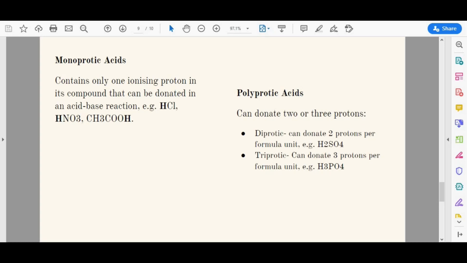Other examples include HNO3 or acetic acid, CH3COOH, and I've made the hydrogens bold there to show you that there's actually only 1 ionized proton that can be donated. There's nothing else. So that's called a monoprotic acid, and these are important because you can be asked to state whether it's a monoprotic acid or a polyprotic acid.